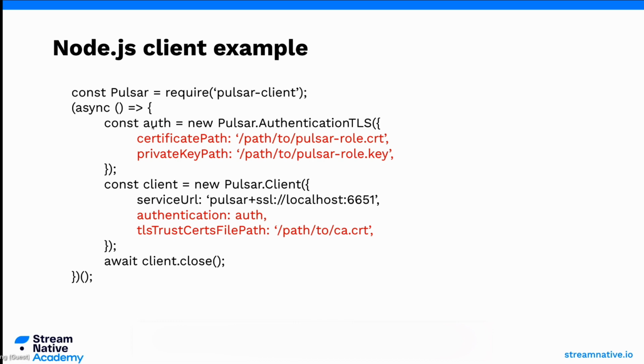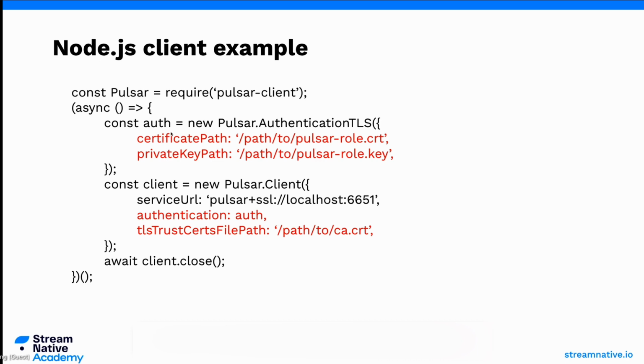Remember, if you have authentication, you use const, then give it a new Pulsar authentication TLS. I use TLS authentication as an example. In this TLS, you have to specify the certificate and private key of your Pulsar role. This is your client cert, okay? So it belongs to your client.